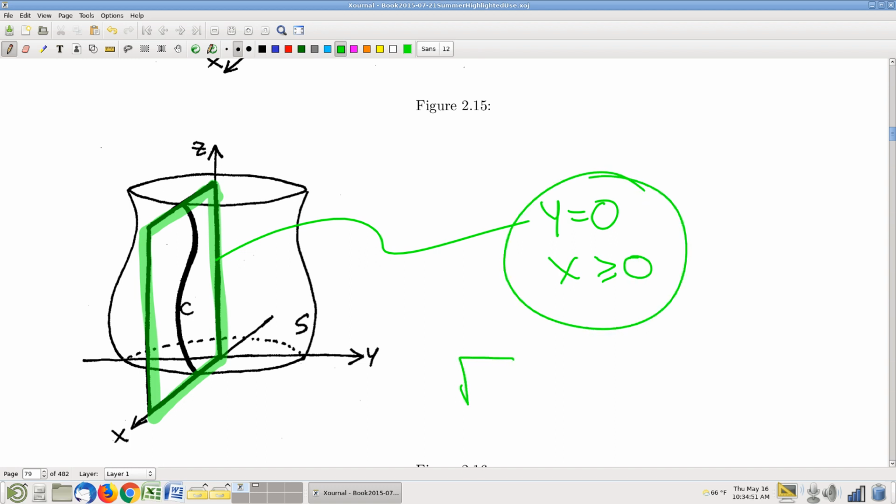In which case, the square root of x squared plus y squared is the square root of x squared, because y was 0, which is the absolute value of x. Oh, but x is positive, so that's just x. Square root of x squared plus y squared becomes just x.